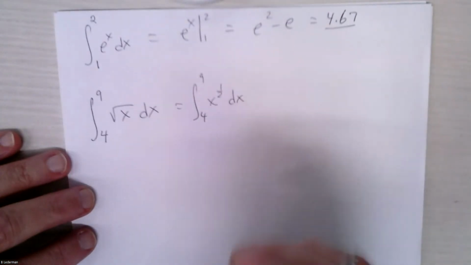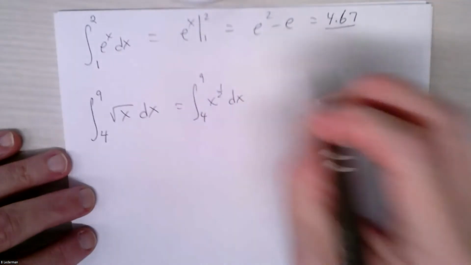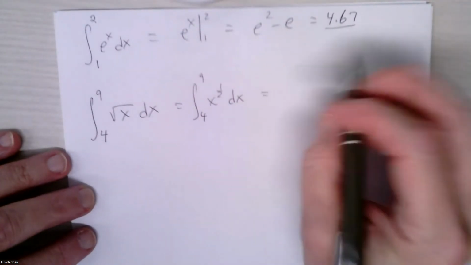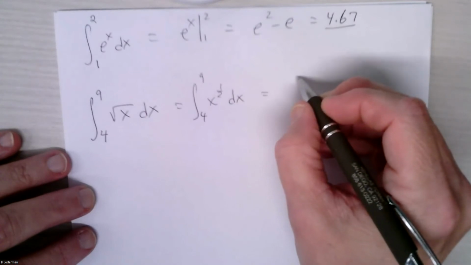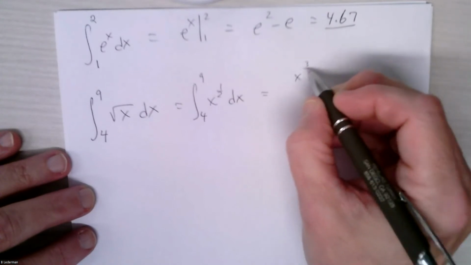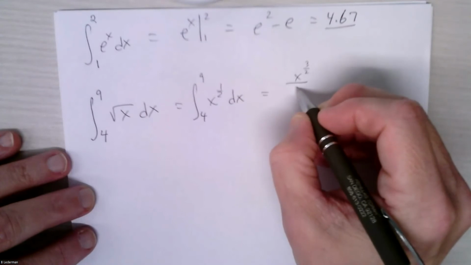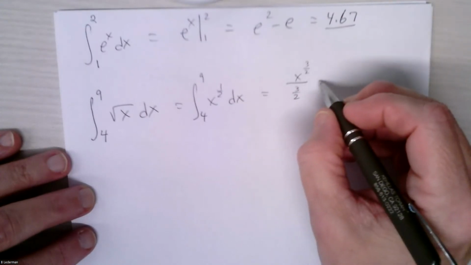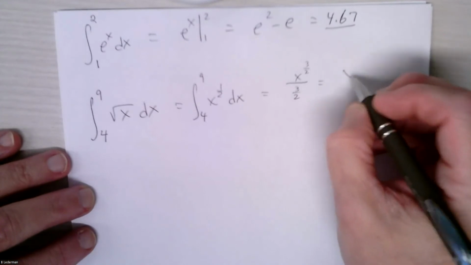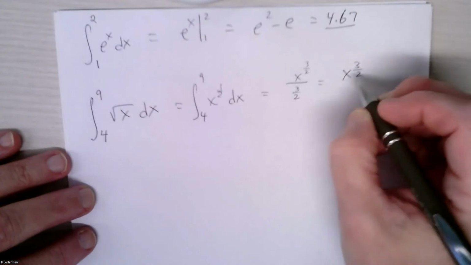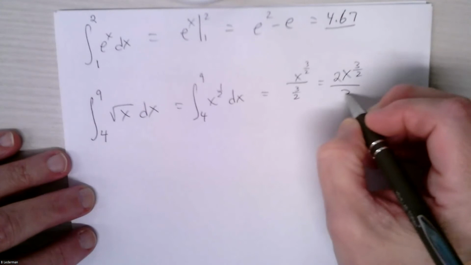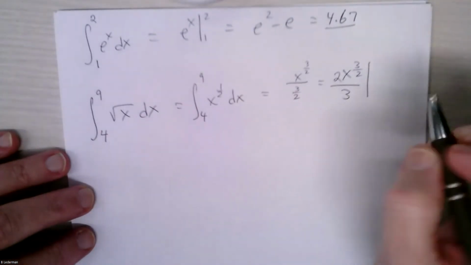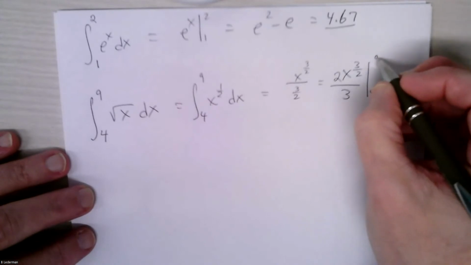Based on the power rule for antiderivatives that we did in our previous video, this is going to be x to the 3 halves over 3 halves, which I can write better as x to the 3 halves times 2 over 3, because I just flipped that. And now I'm evaluating this between 4 and 9.